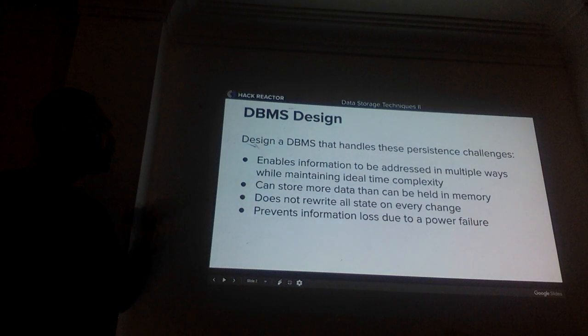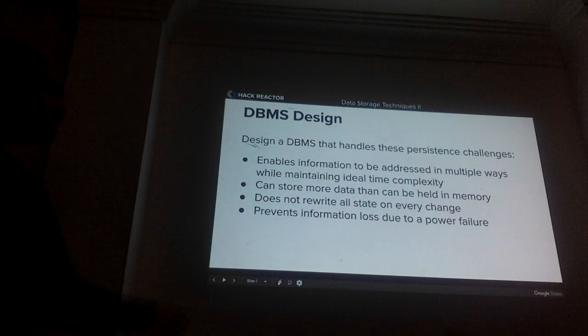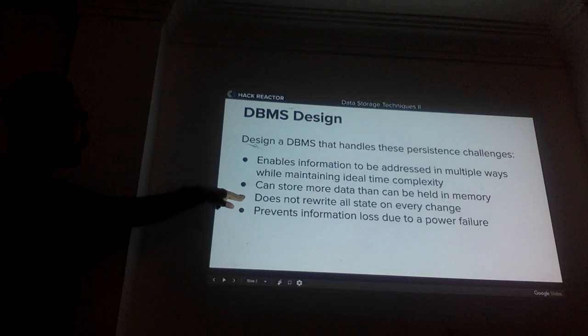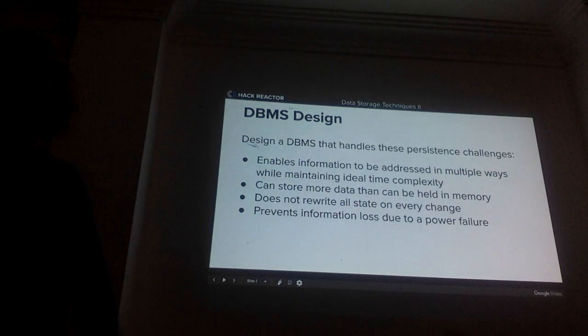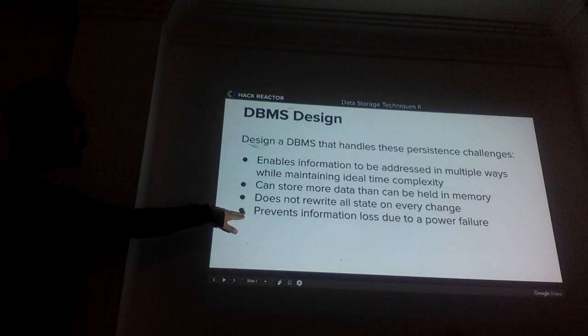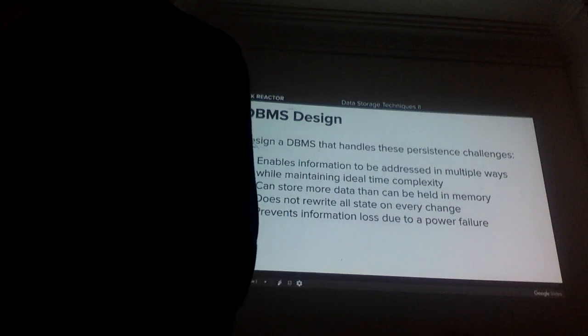Can store more data than in memory, because the hard disk has more storage. Does not rewrite all state on every change. We'll see what that is in a moment. Prevent information loss during a core failure. This is like we gain it for free.